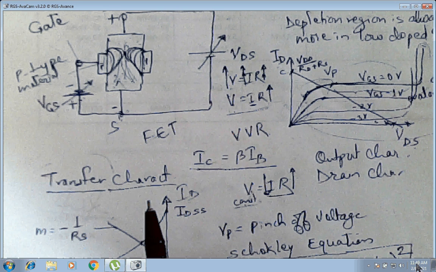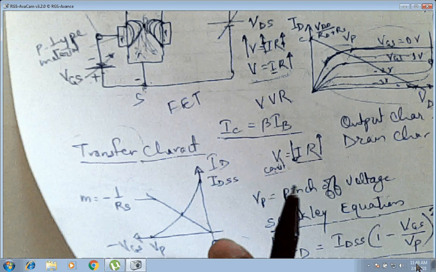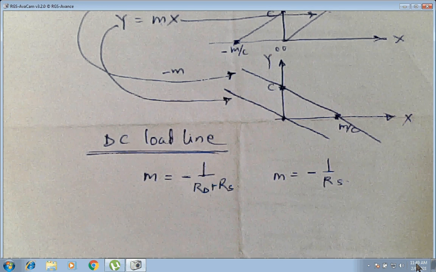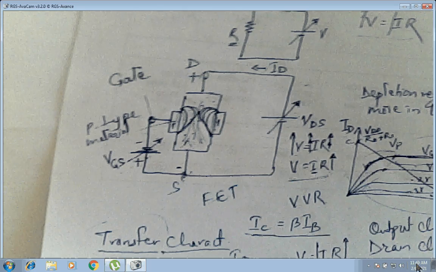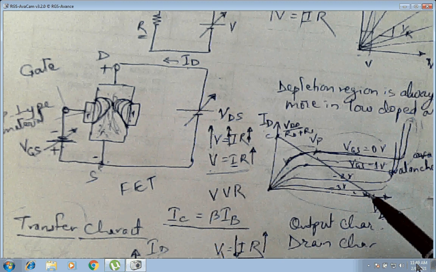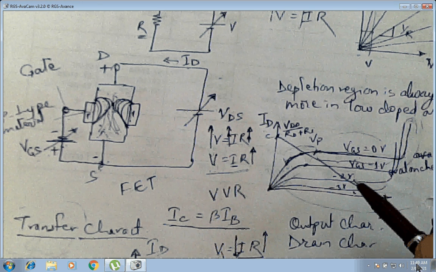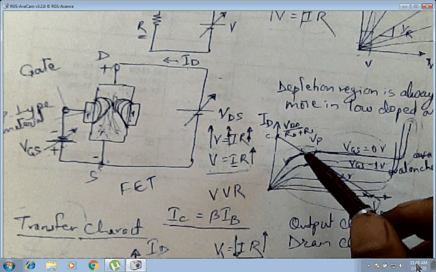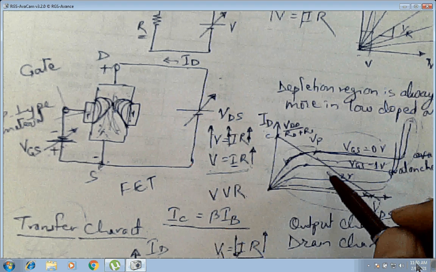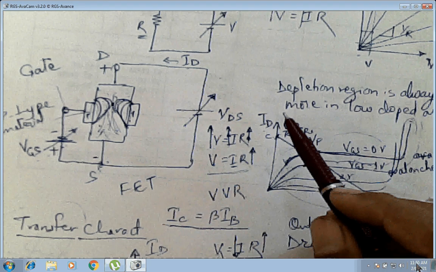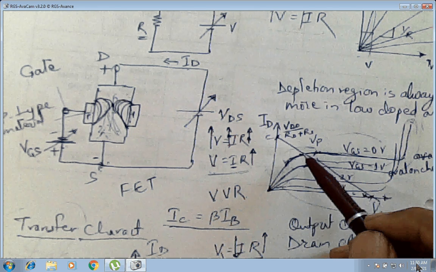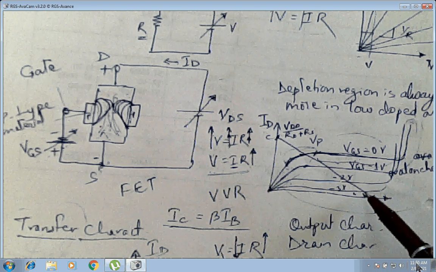Okay, so why this line and why have we done it? Remember, these lines tell us that whatever RD plus RS value, or whatever VGS value, or whatever VDS value you keep, if you have fixed VDD, RD and RS, these three quantities, then your ID value can be anywhere on this line only.